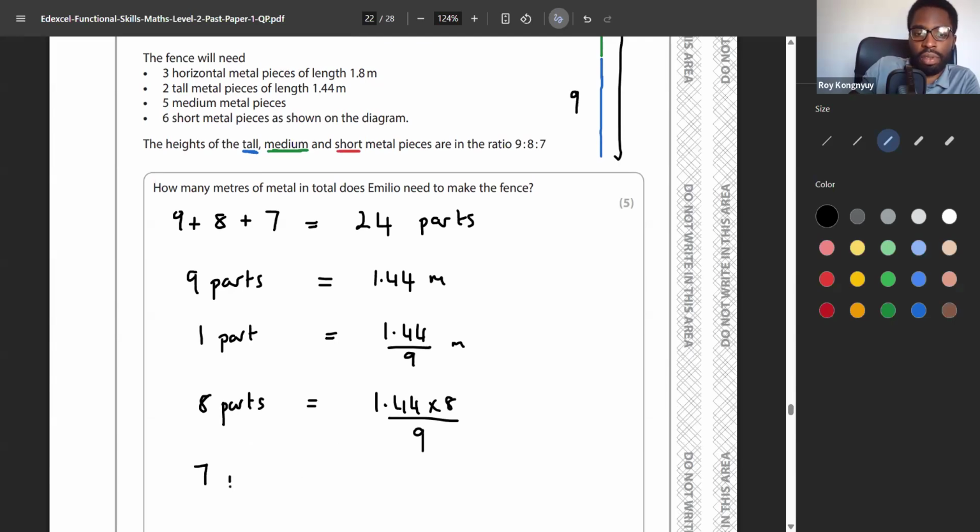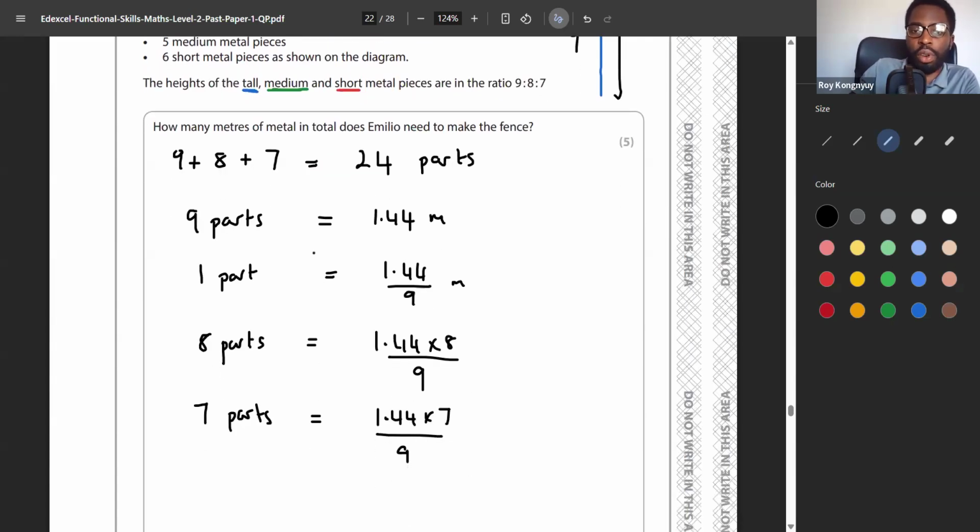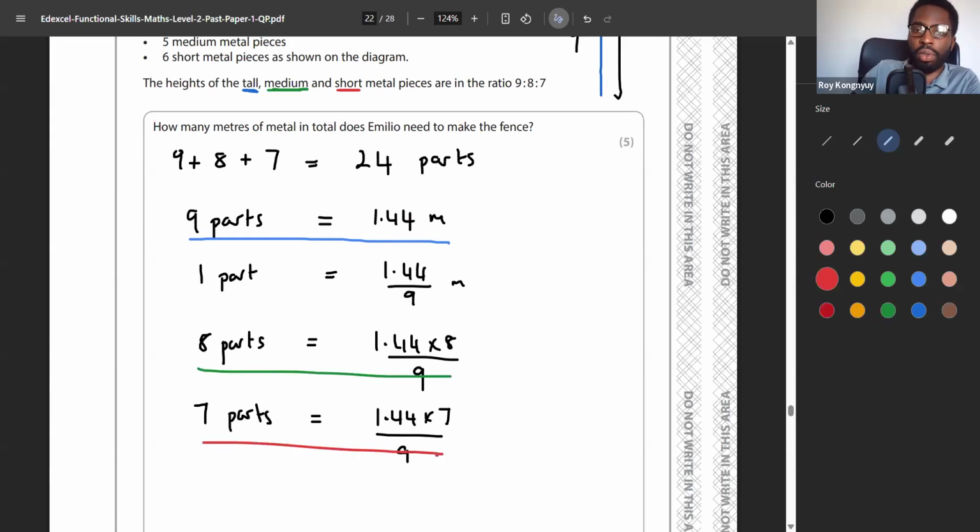And 7 parts would be 7 times this. I hope that makes sense. We started off with what we know, which is that a tall piece corresponds to 9 parts, and 9 parts would correspond to 1.44 meters. We scaled that down, then we scaled it up to find the length of the medium and the short.